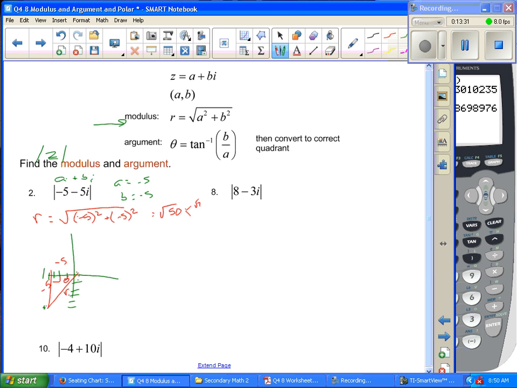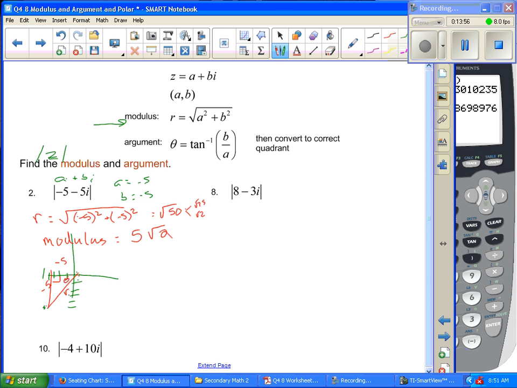That's the same as root 25 times root 2. So I could say my modulus is 5 root 2. I said that backwards. Root 25 is 5, and then the root 2 stays in. So that's my modulus. Now I need to come up with the argument.